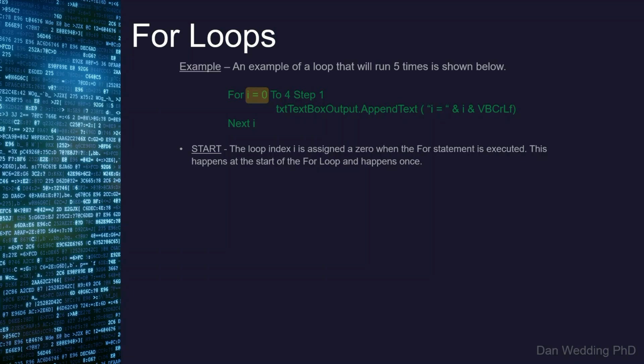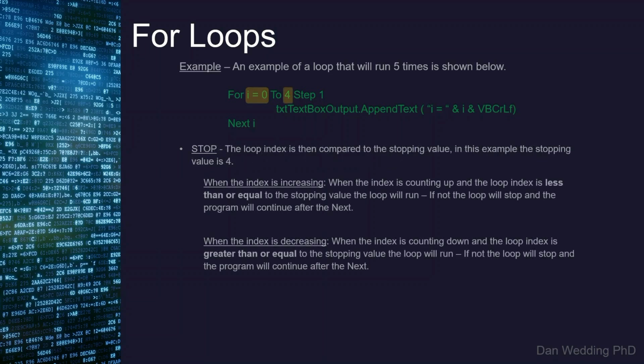The loop index I is assigned as 0 when the for statement is executed. This happens at the start of the for loop and happens once. The loop index is then compared to the stopping value. In this example, the stopping value is 4. When the loop index is counting up and the loop index is less than or equal to the stopping value, the loop will run.